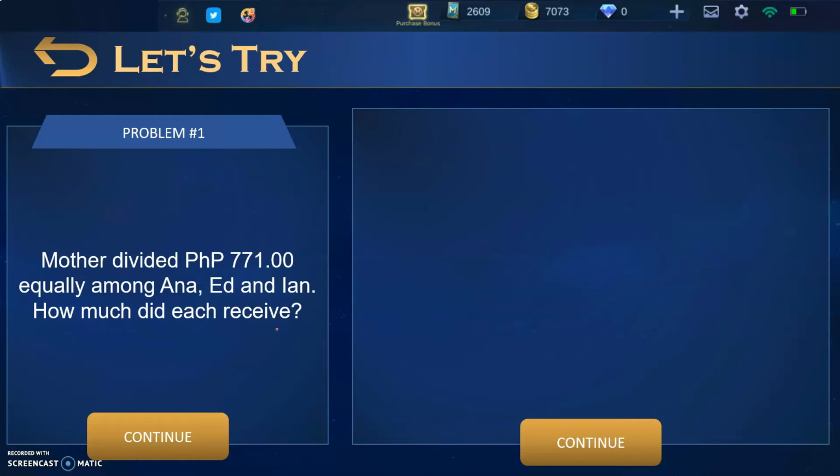But first, let's identify the question and given data. The question is, how much did each receive? And the given data are divided 771 pesos and equally among Anna, Ed, and Ian. So that will be 3.